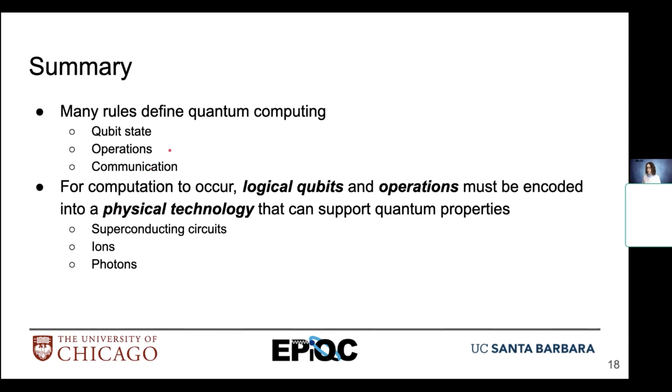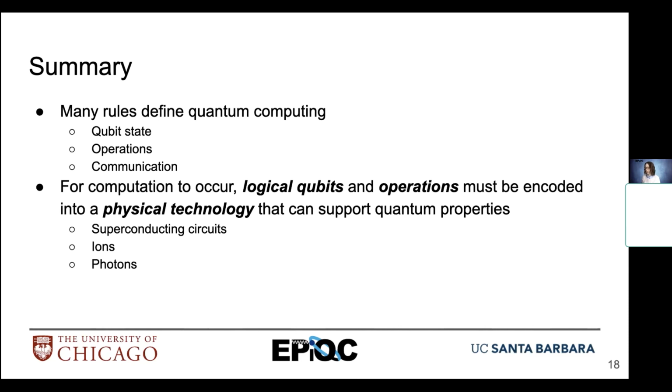So to summarize, we have a lot of different rules that define quantum computing. We talked about the theory in class of what a qubit is, what a quantum operation is, how we make a quantum algorithm, but we have to take that logical information and put it into a physical encoding.